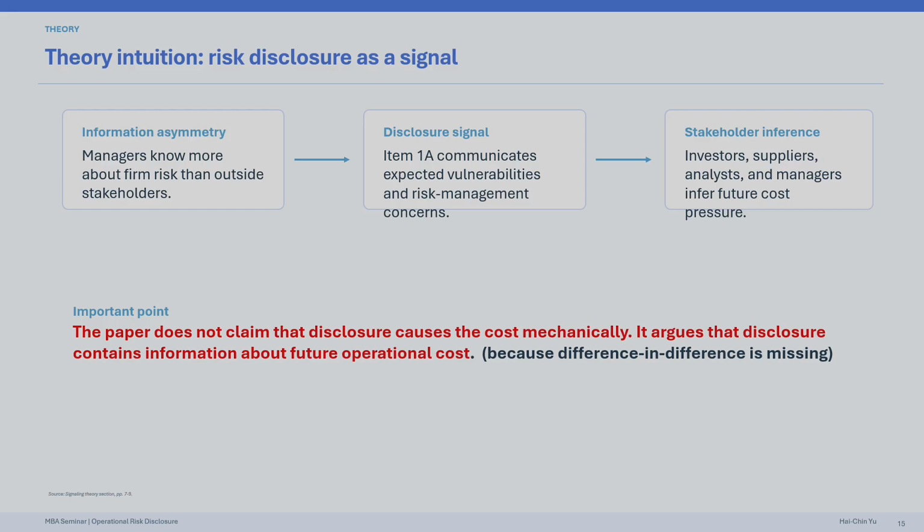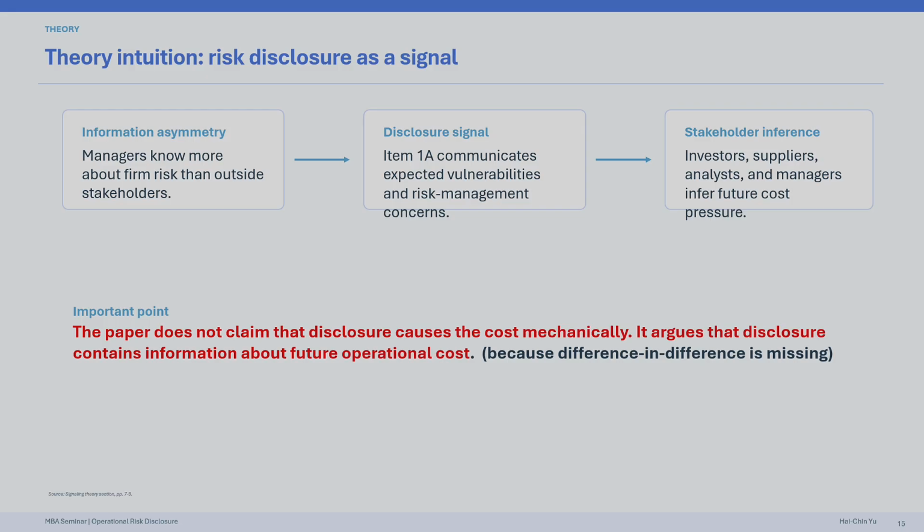So this paper doesn't claim disclosure causes cost mechanically. This is the result, not the cost. No causality. But it argued that disclosure contains information about future operational cost.